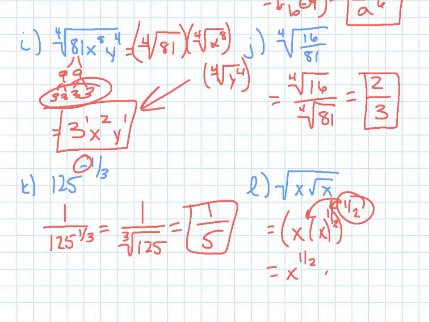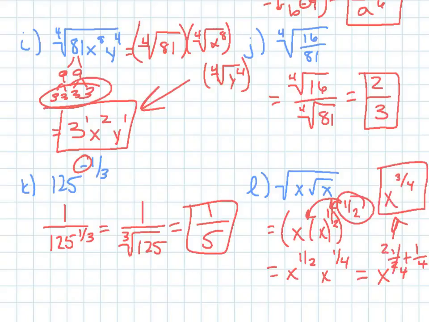And 1/2 times 1/2 gets me 1/4. And so then now 1/4 plus 1/2, make your common denominators, so 2/4, so it gives you 3/4. And that would be my final answer.